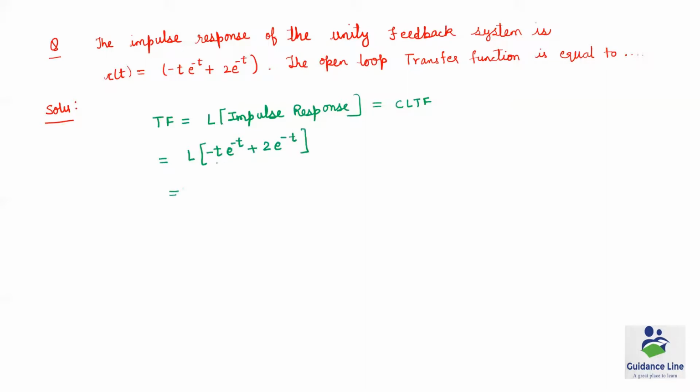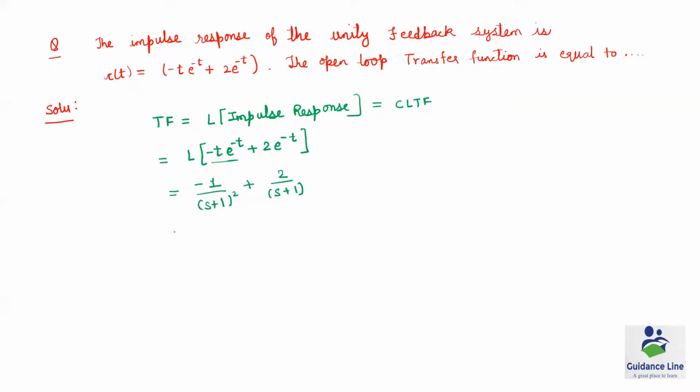The Laplace transform of this particular segment is nothing but 1 by (s+1)^2, and the minus sign is because of this particular thing, plus 2e^(-t) is represented as 2 by (s+1).